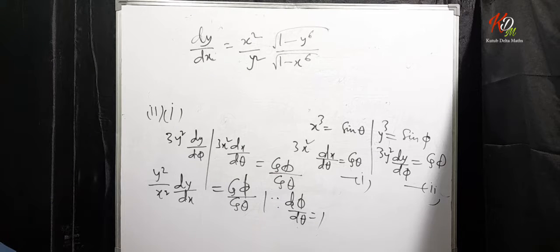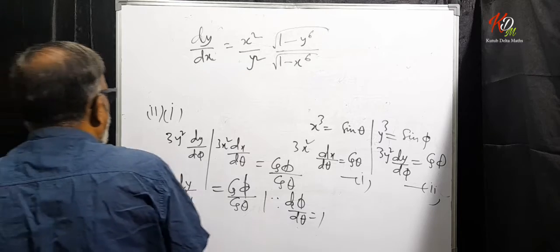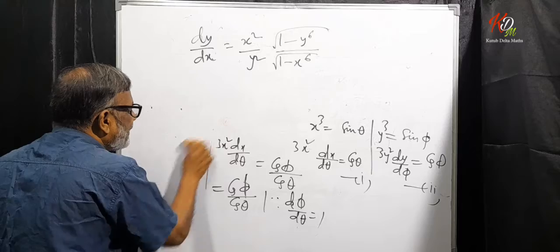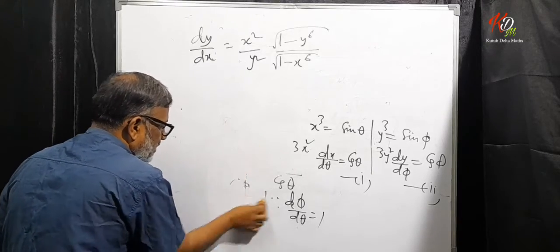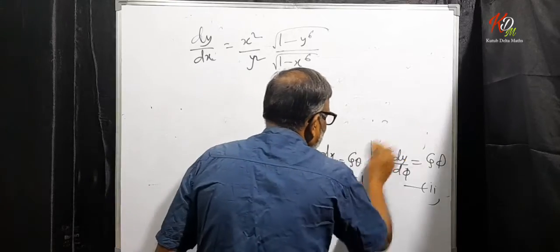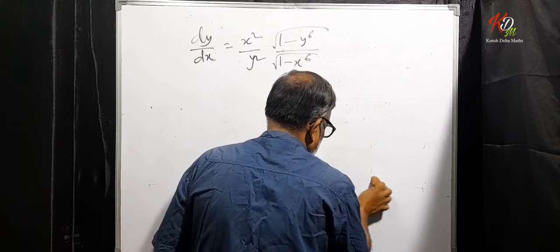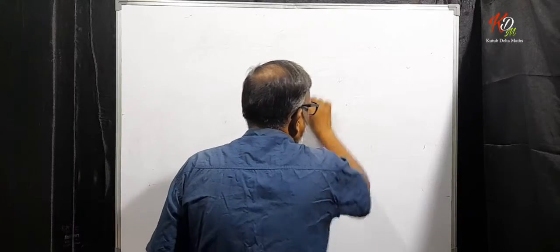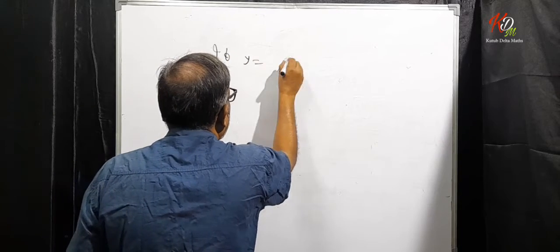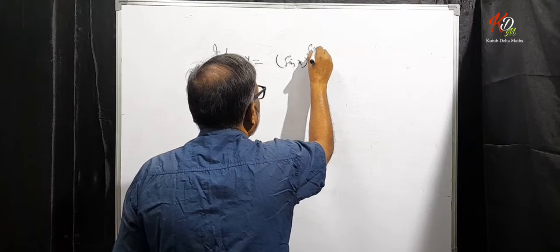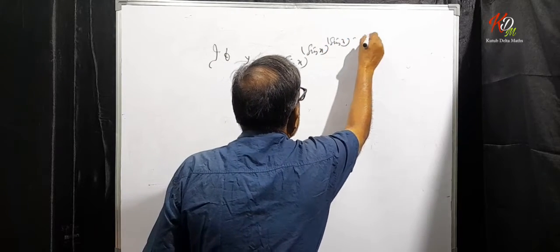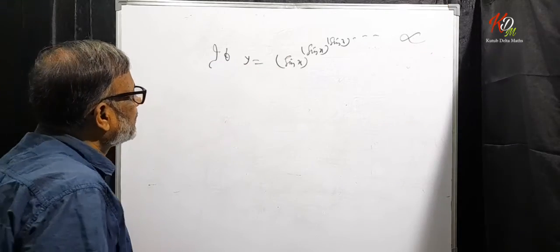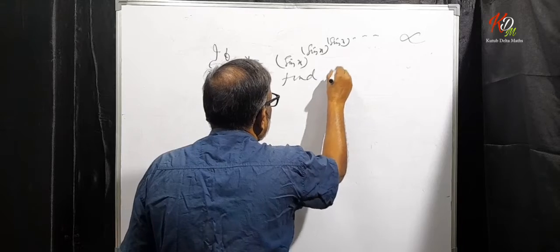Now question number 5. If y equals sin x to the power sin x to the power sin x and so on up to infinity, find dy/dx.